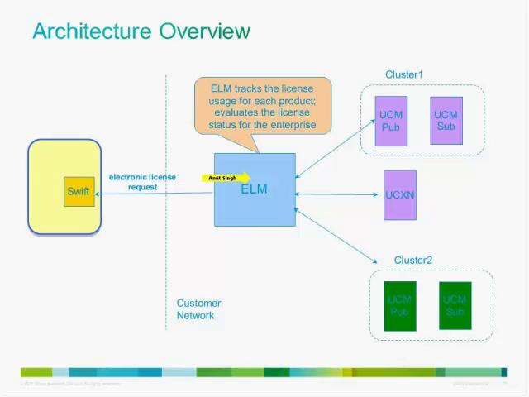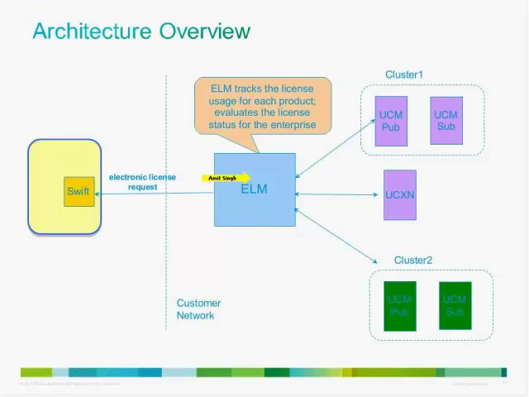They will be subscribing to the ELM for their license requirements. So say, for example, on cluster 1 I have 100 phones and I need those licenses, I'm going to talk to the ELM and subscribe those many licenses. Once I'm not using 100 phones on that cluster, and once the ELM synchronizes, those licenses will be returned back to the Enterprise License Manager pool.